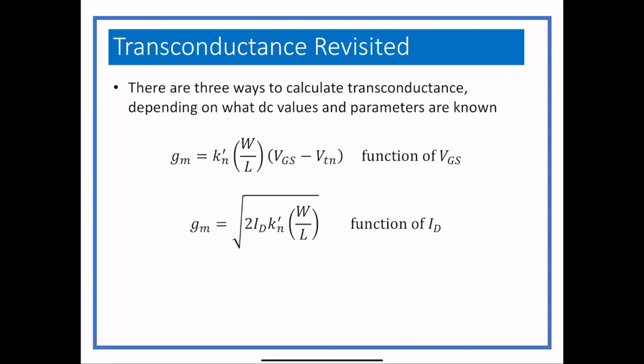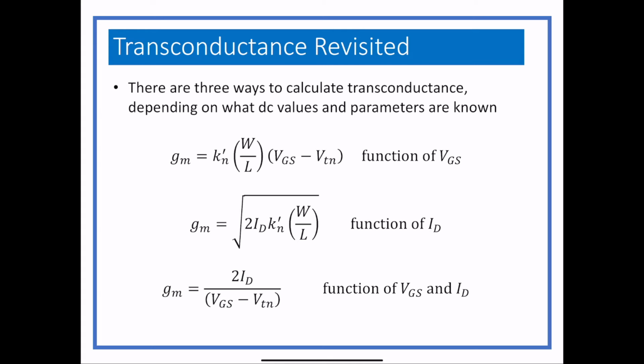And if you don't know Kn prime W over L at all, but you happen to know VGS and ID, you can find GM that way. So depending on what you've found in the circuit, what you've been given, you can do 3 different ways to find the transconductance. And always use the one that you have the parameters for.